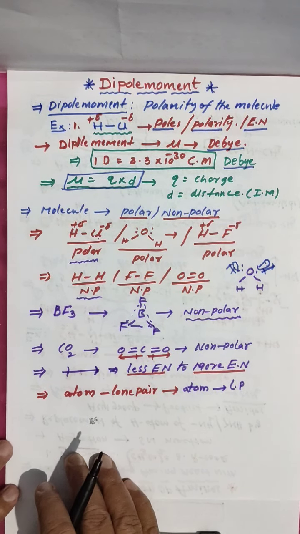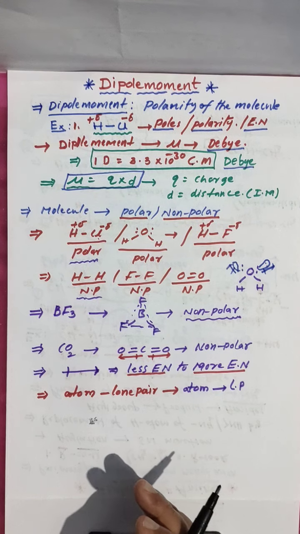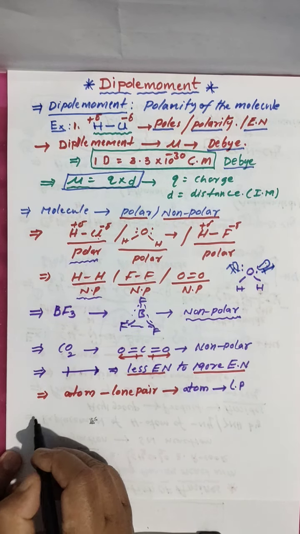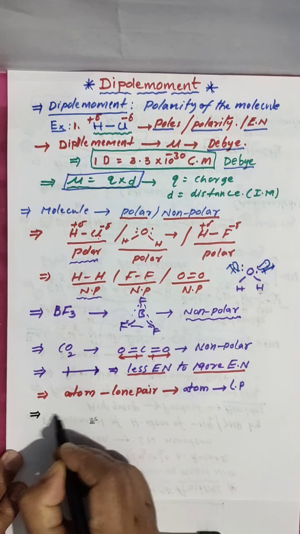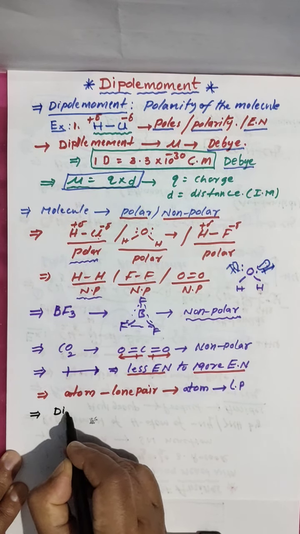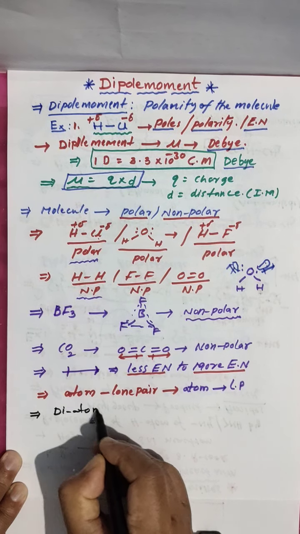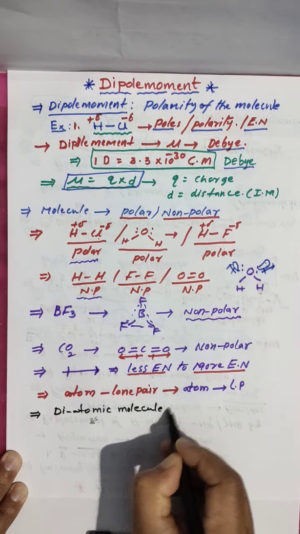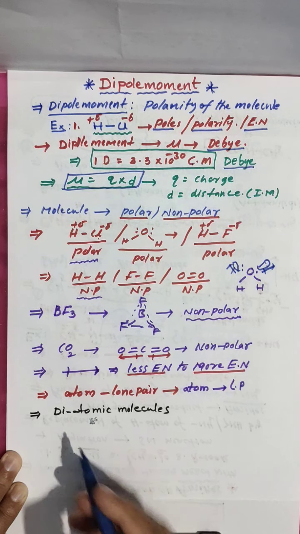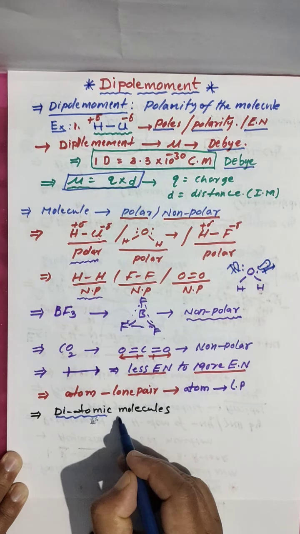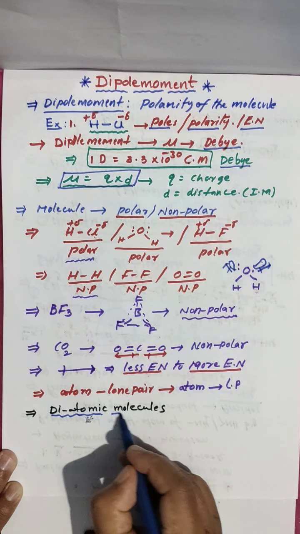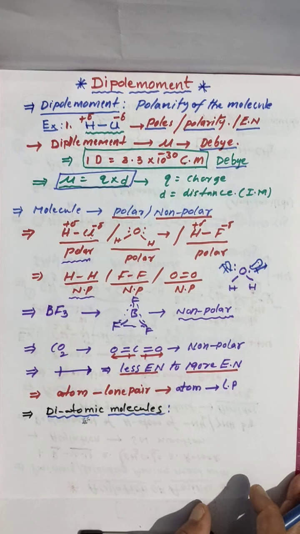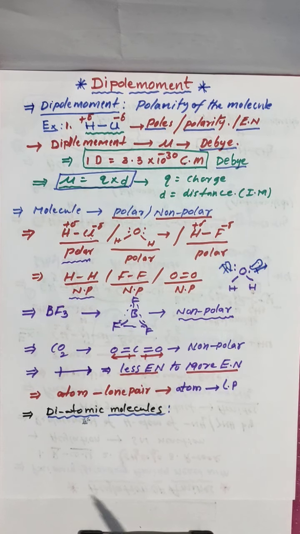Let me discuss how dipole moment will be addressed, and based on that, how to address polar and non-polar. First I am taking diatomic molecules. In diatomic molecules, we address dipole moment and non-polar, polar.